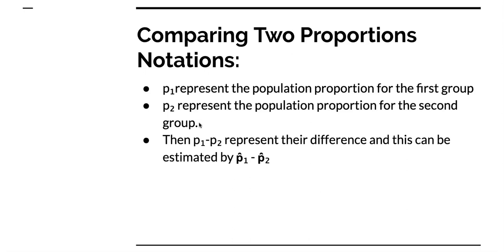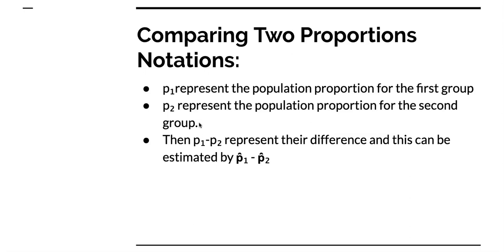What we are really doing is trying to estimate the population proportion difference, p1 minus p2, but we don't know what the true population proportion is for either of the populations. So what are we going to do? We're going to estimate it by p1 hat minus p2 hat.